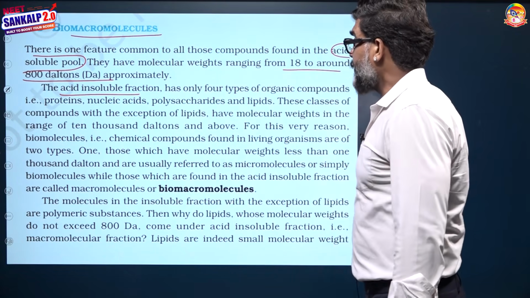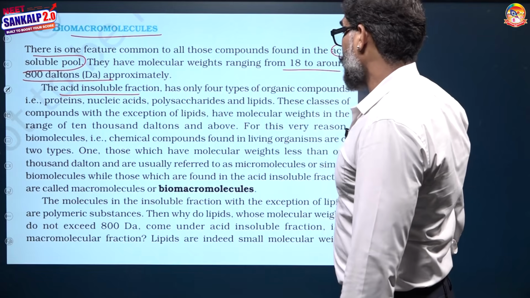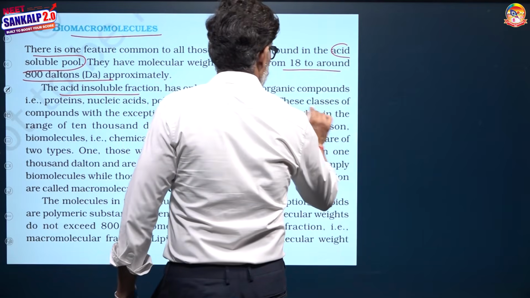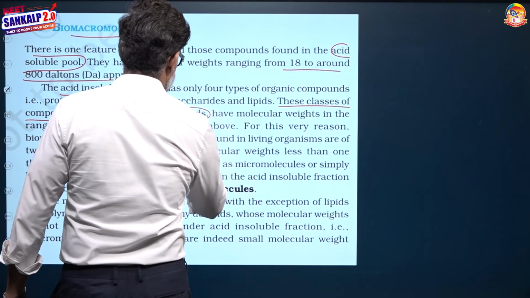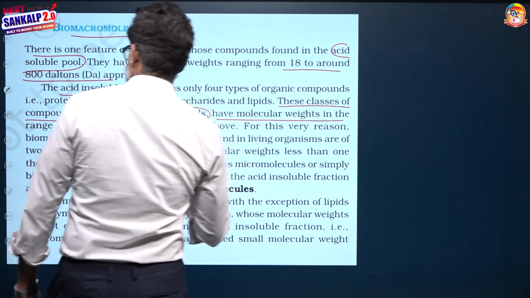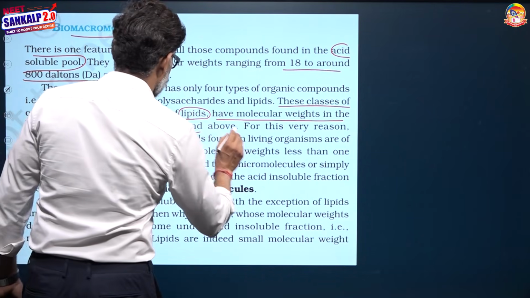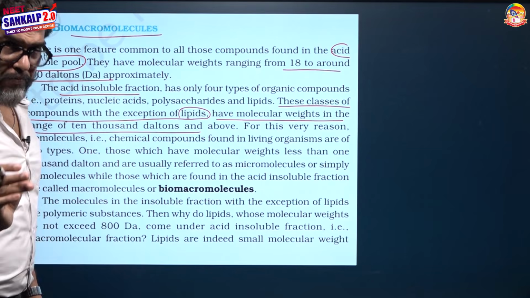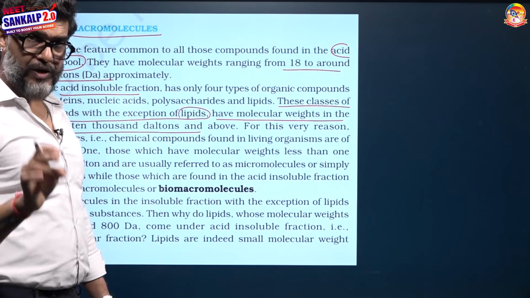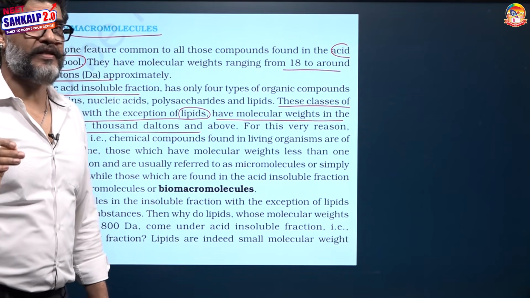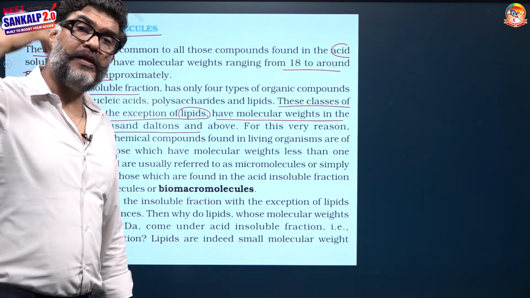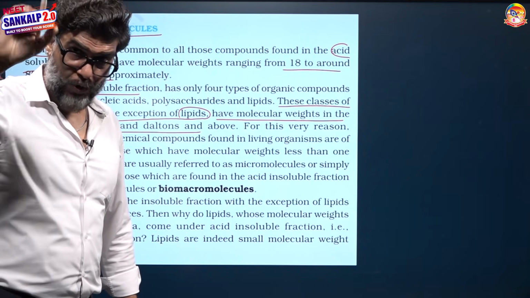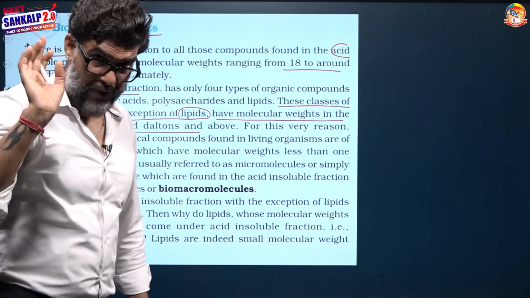So here they mention that these classes of compounds, with the exception of lipids, have molecular weight in the range of 10,000 Dalton. Meaning polysaccharides, proteins and nucleic acids, which are part of the acid insoluble pool, have molecular weight more than 10,000 Daltons always, that is, more than 800 Daltons, so they are macromolecules.